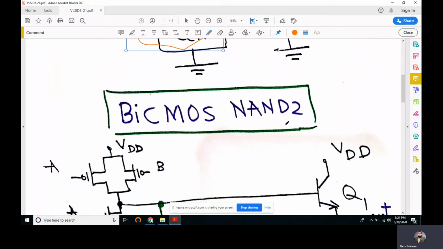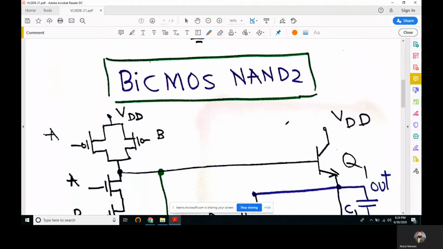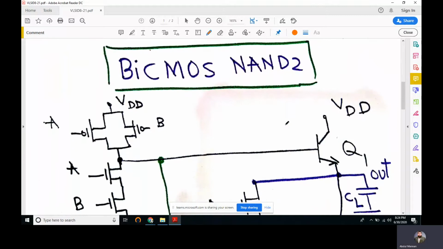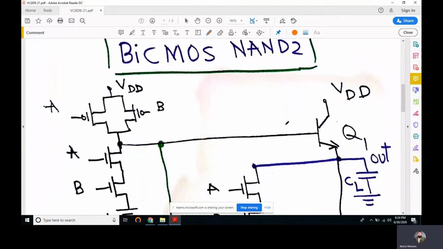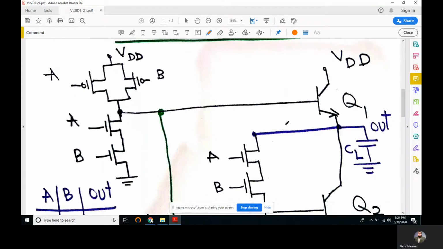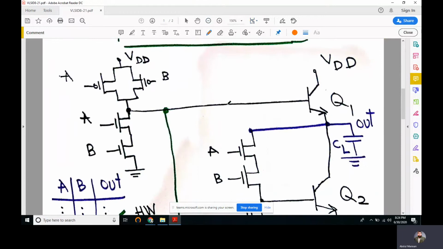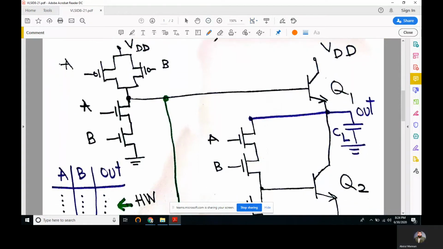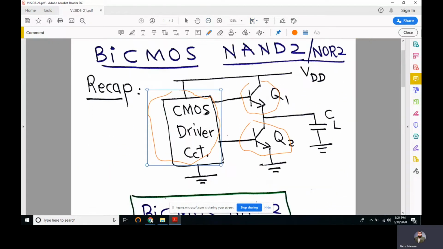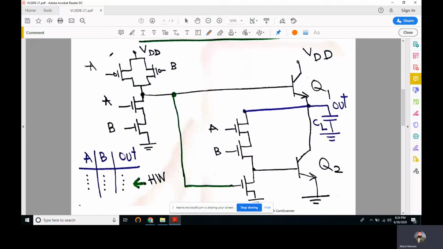In this lecture, we'll draw BiCMOS NAND 2 and BiCMOS NOR 2. Let's first study BiCMOS NAND 2. We studied in our last lecture the technique to draw a BiCMOS circuit: we draw the regular PMOS array first.